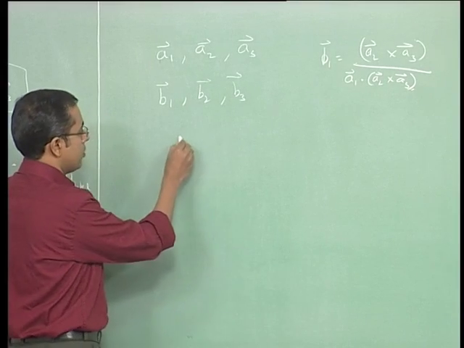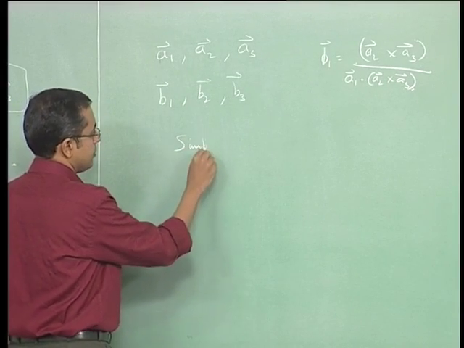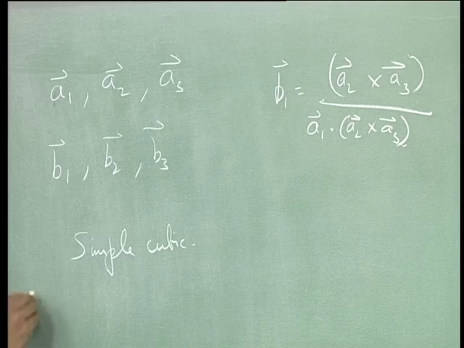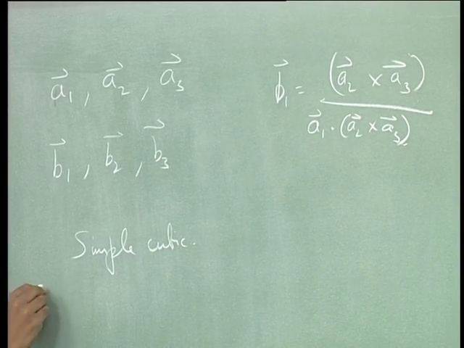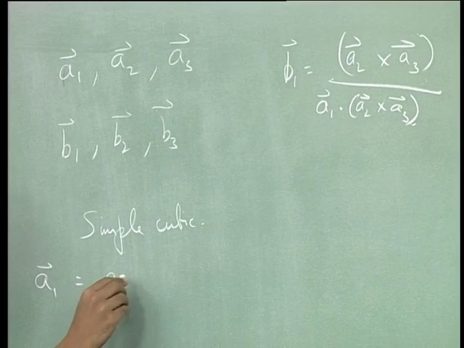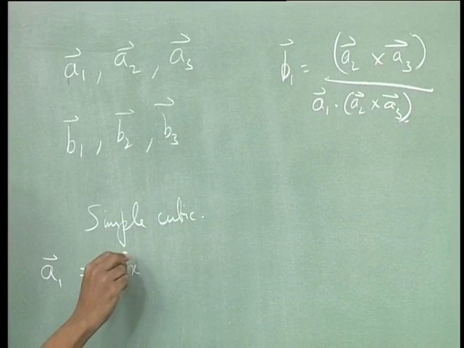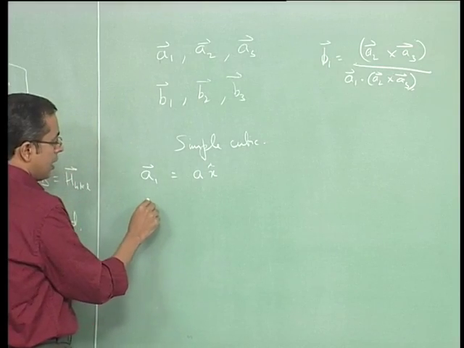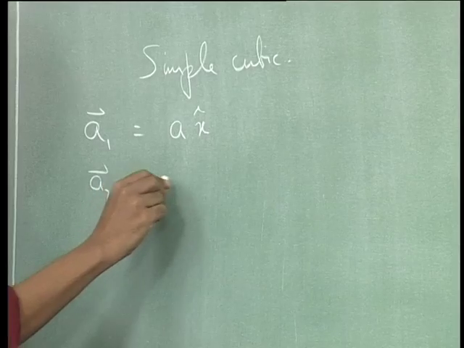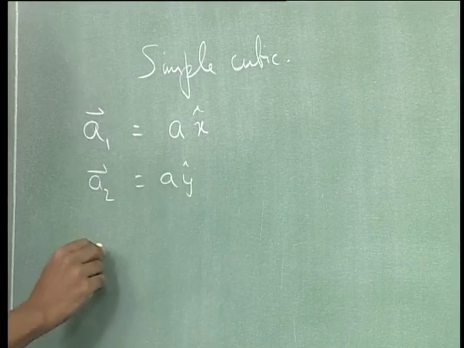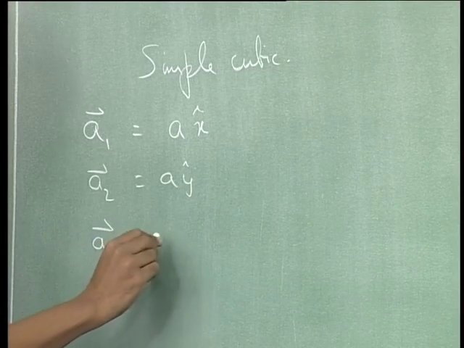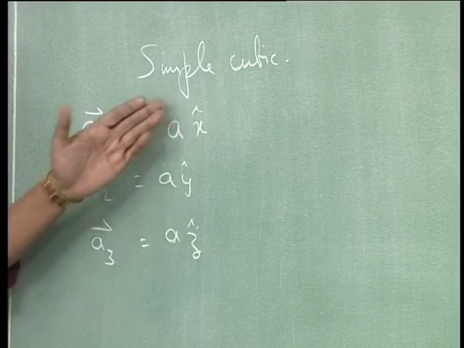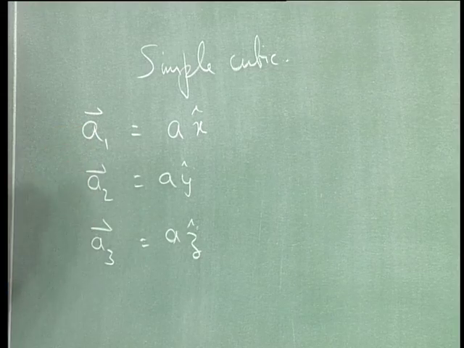So let us start with simple cubic. A good way of describing it is A1 is simply A in the x direction, A x cap, A2 is A y cap and A3 is A z cap, where these are unit vectors in the x, y and z directions.